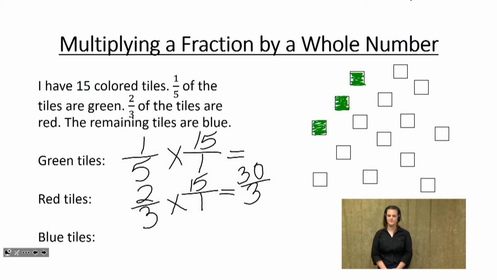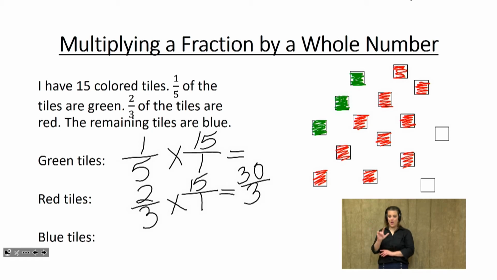Now there were already 3 green, so 1, 2, 3, 4, 5, 6, 7, 8, 9, 10. 10 tiles are red. 2, 4, 6, 8, 10. And it says the remaining tiles are blue.